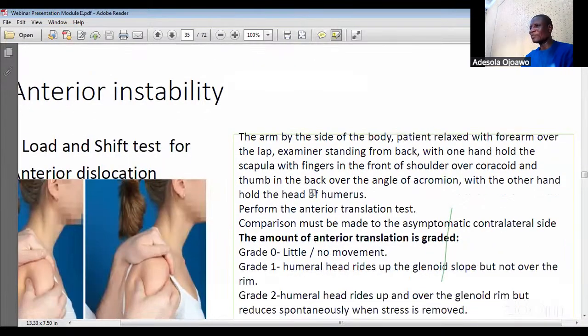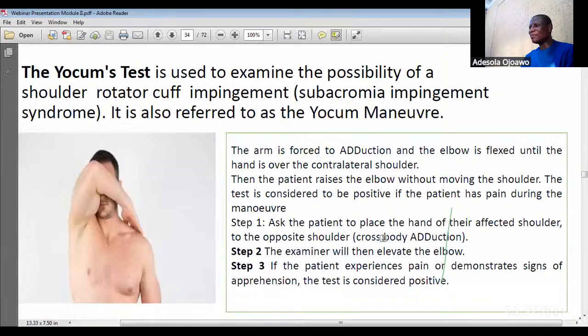Number one, ask the patient to place the hand of their affected shoulder on the opposite shoulder. Just tell the patient to do it to the opposite shoulder. You now raise it up. When you raise it up, you can assist the patient to elevate it.